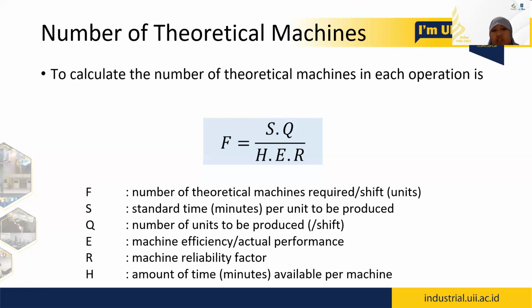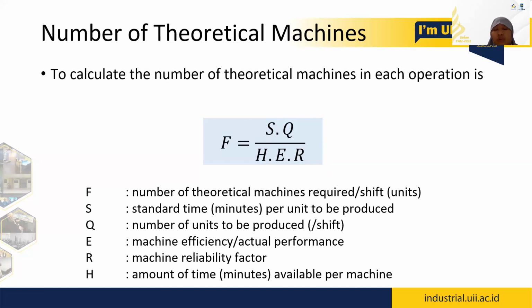Machine efficiency usually already considers, okay, so for example, the machine should be able to work 8 hours per shift.